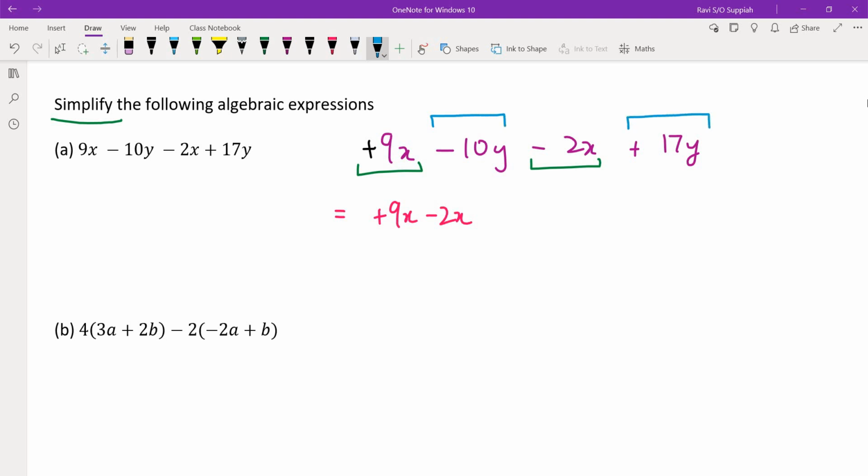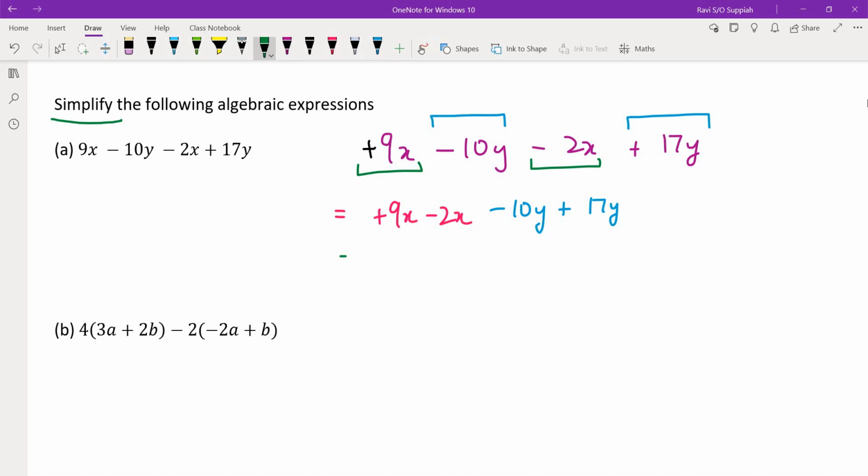So you have negative 10y plus 17y. Now the x is grouped together, y is grouped together, and now we just need to do the arithmetic portion. So how do you do this?